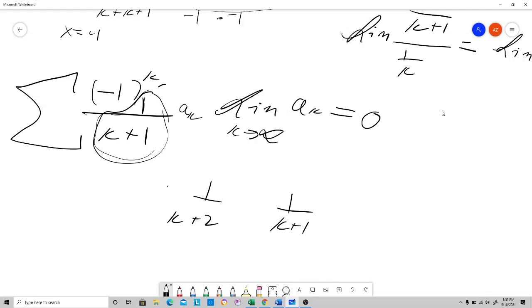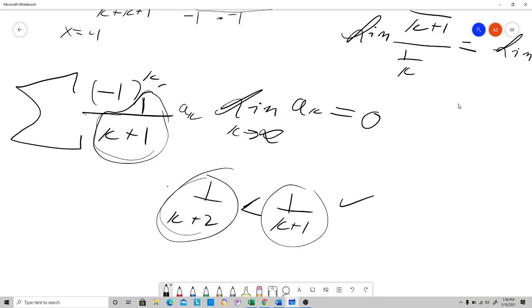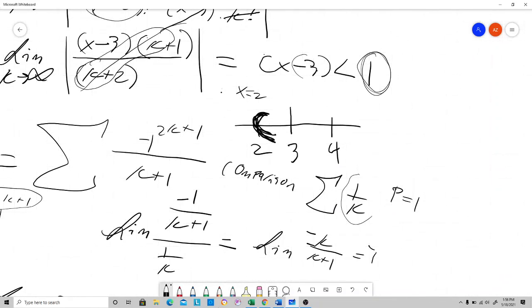Well, the one with k plus 1 is bigger. So that means this one is less than this one. And this is because the denominator in this series is going to grow even faster, so the term is going to get even smaller than this one. So yes, it is smaller. So that means this point should converge.